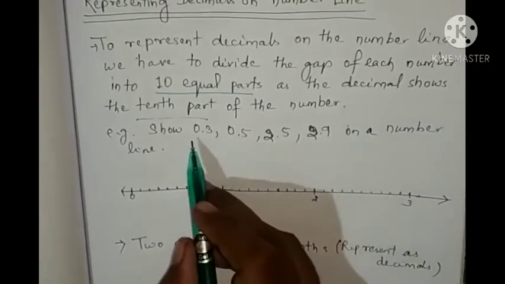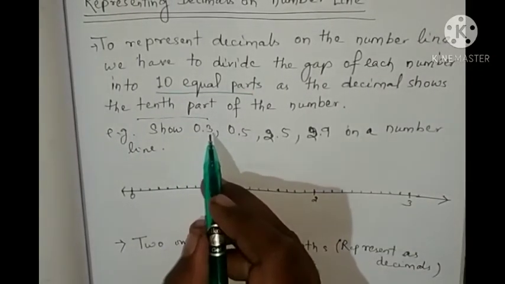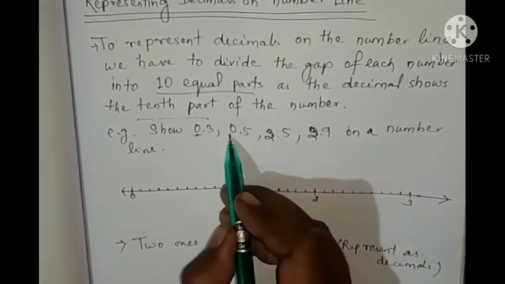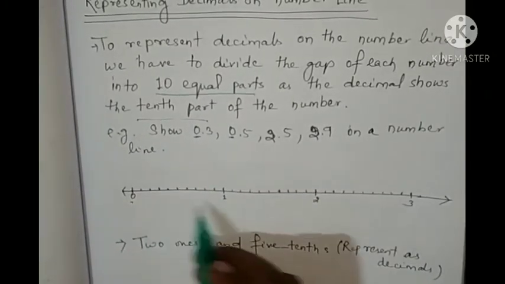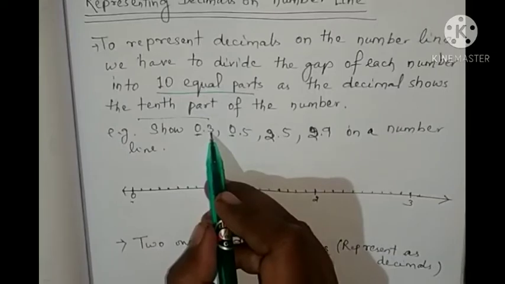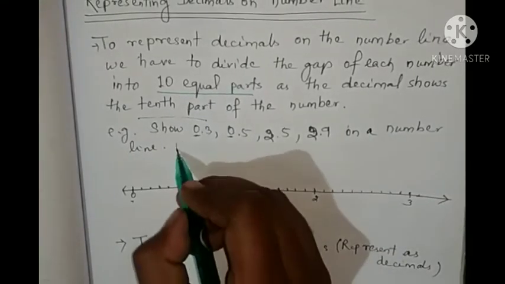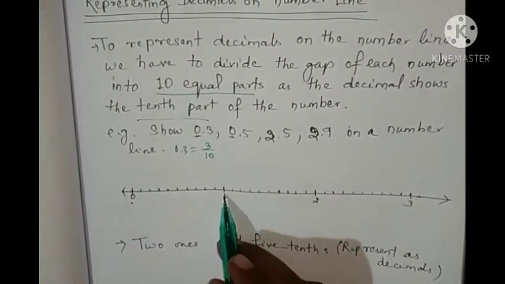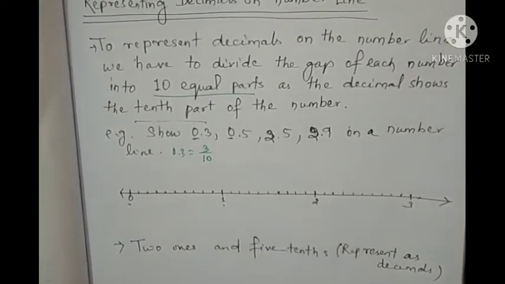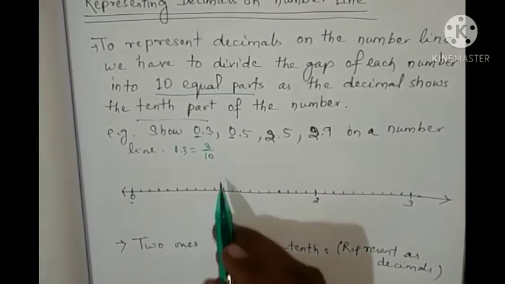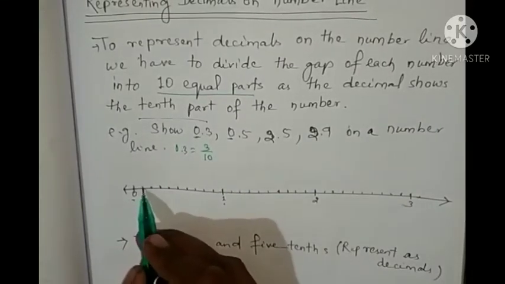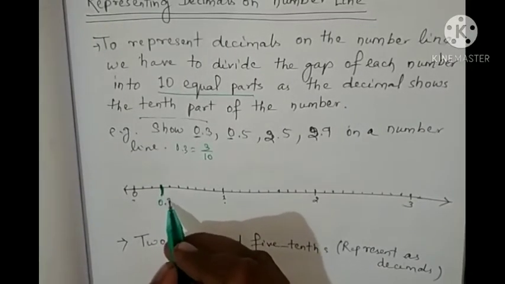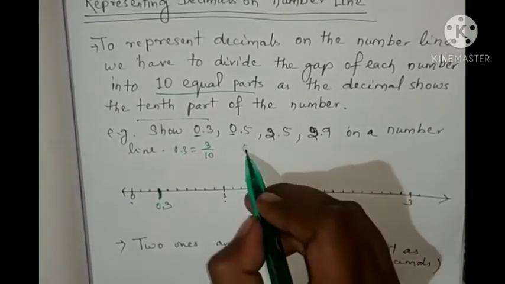So let's find 0.3. 0.3 is between 0 and 1, because the whole number is 0. 0.3 means 3 by 10. So 10 parts are divided, then you see 3 by 10. So 1, 2, 3. This is 0.3.